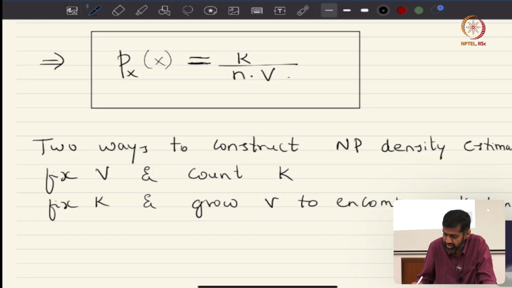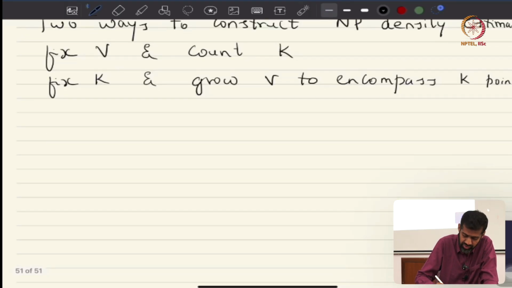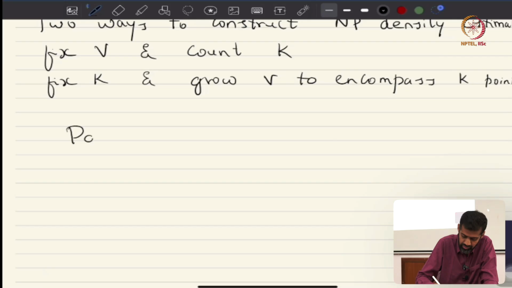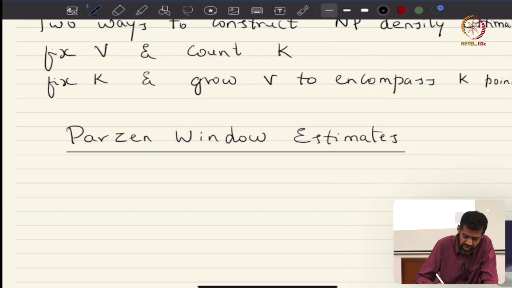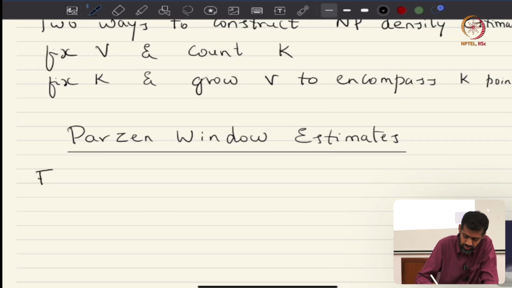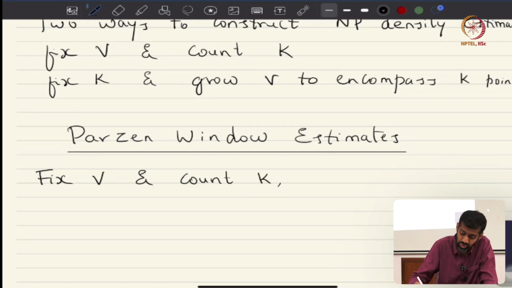Let us look at both the ways. Let us look at the first way, which is called the Parzen window estimate. Here we fix V and count k to evaluate density, rather than estimate.